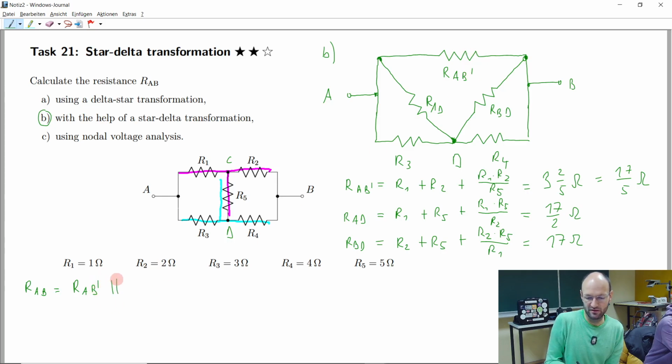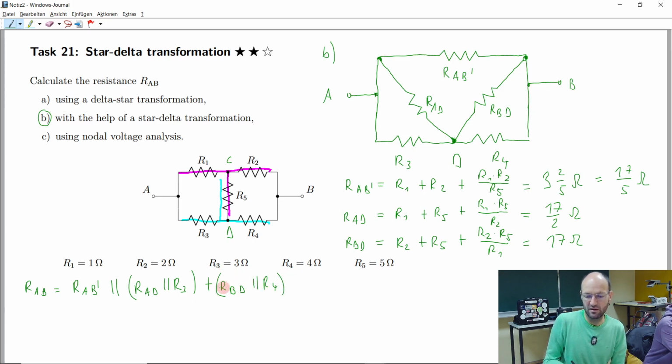And this is in parallel to, if we start on this side, we have RAD in parallel to R3, and this is in series to RBD in parallel to R4.